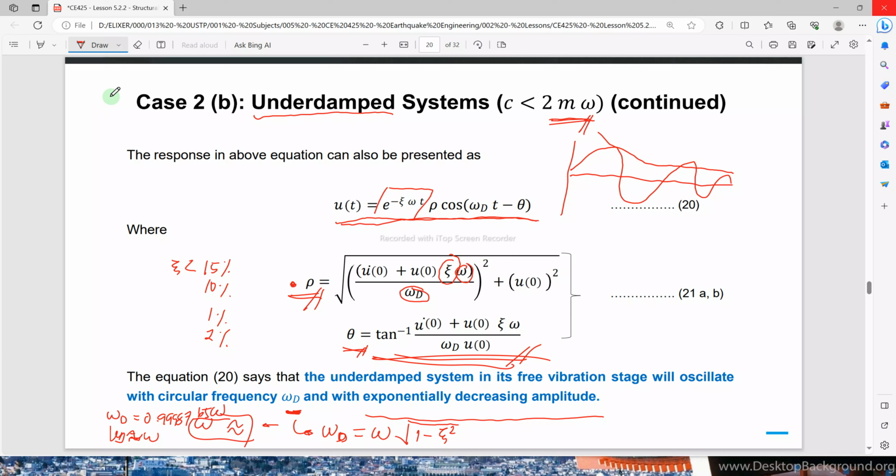So in this system, realistically, before we tried to analyze the structure as undamped, and that is not a realistic behavior. Now, this is a realistic behavior, where the structure will be oscillating and then eventually come to a point where the structure will stop oscillating because of the application of damping.